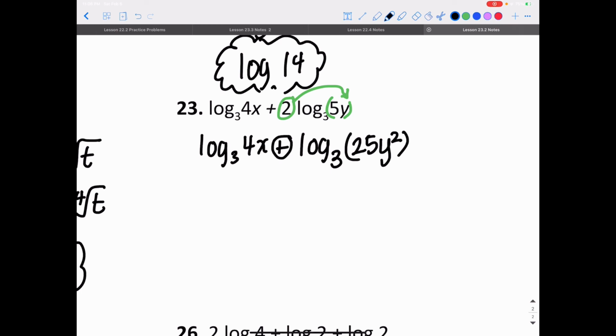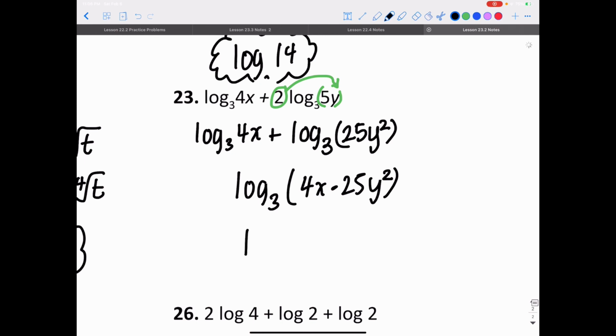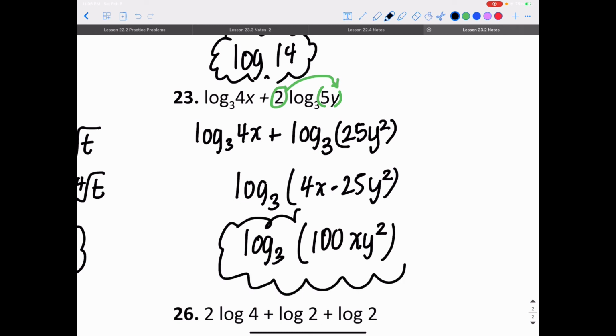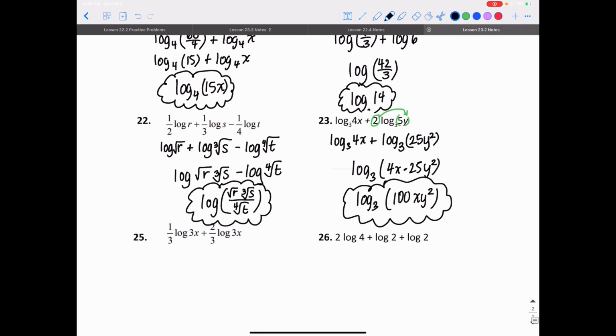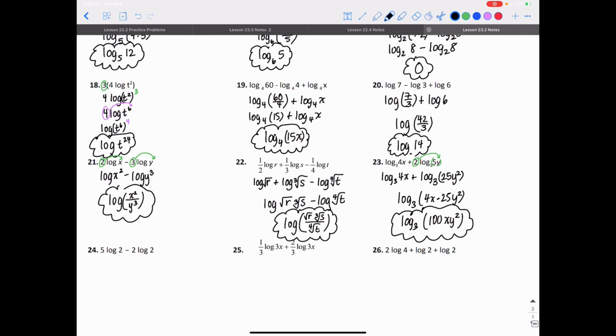There's addition in between, so I'm going to combine by multiplying everything inside. I'll have log base 3 of 4x times 25y squared, and that's a total of 100xy squared inside. And this is my answer. No coefficients in condensed form, I'm good, and just a single logarithm.